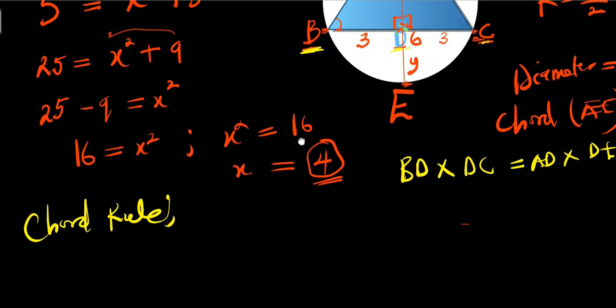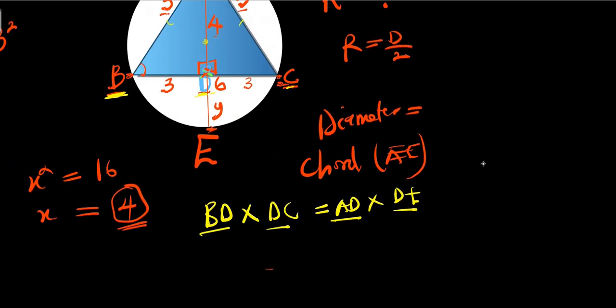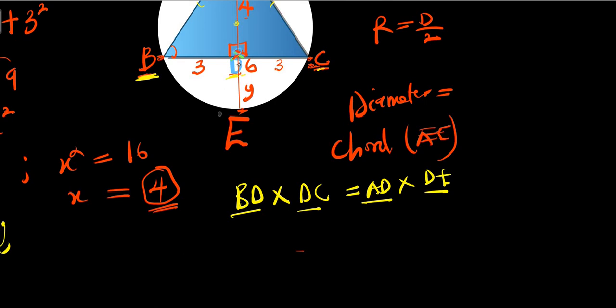So this is what the chord rule states: BD times DC equals AD times DE, because the two chords meet at this particular point, which is D.